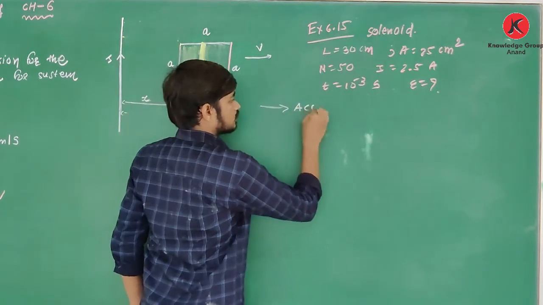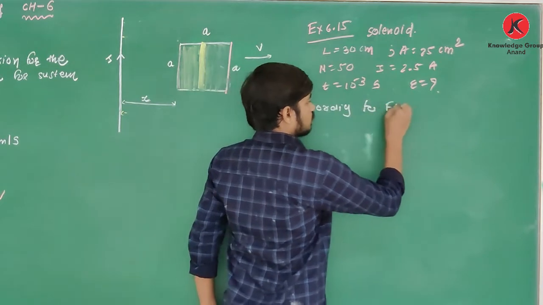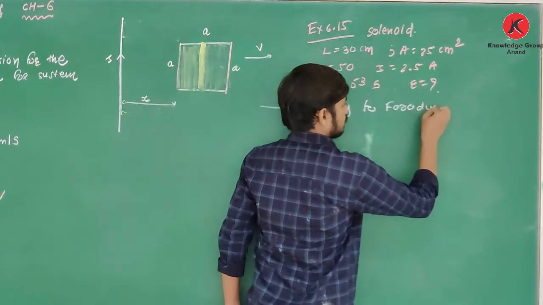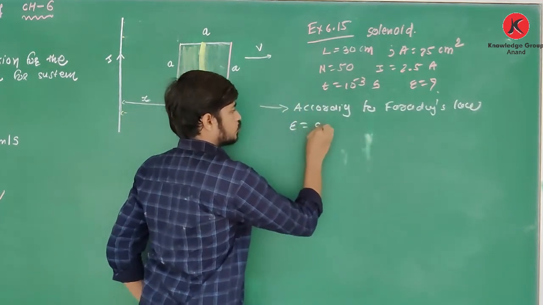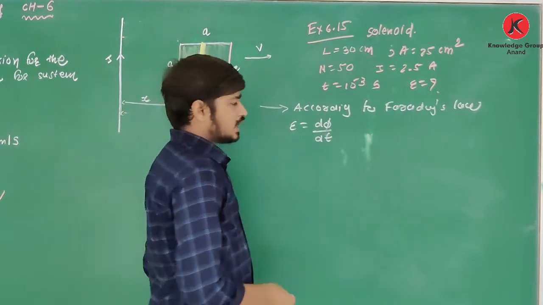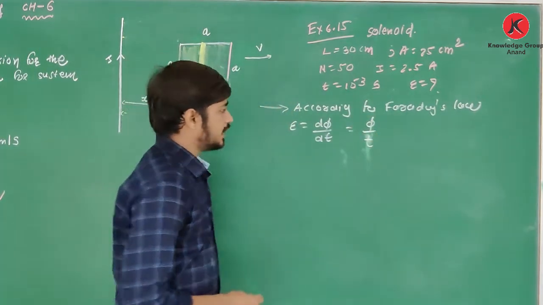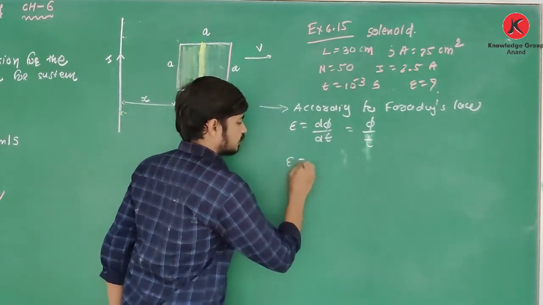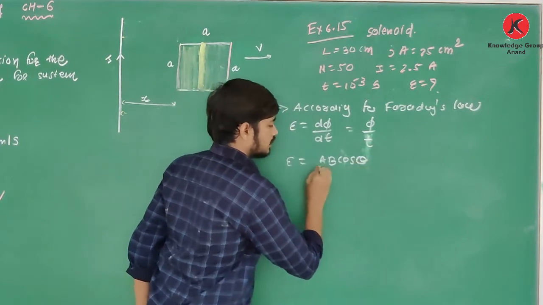According to Faraday's law, E is equal to d phi upon dt. Yes or no? I can also say it is phi upon t. What is phi? Phi means B A cos theta.